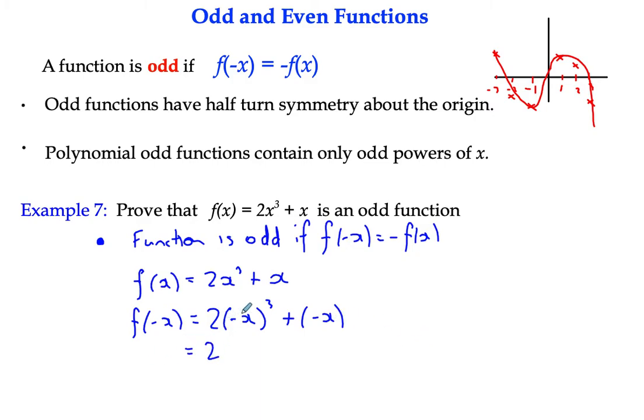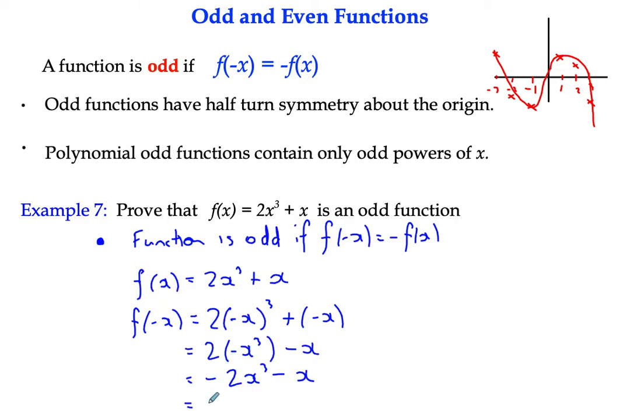We know that cubing negative x will still give me a negative x cubed value, okay? Negative x times negative x is positive x squared, multiplied by another negative x is negative x cubed, plus negative x is just there. So what I've got here is negative 2x cubed minus x.